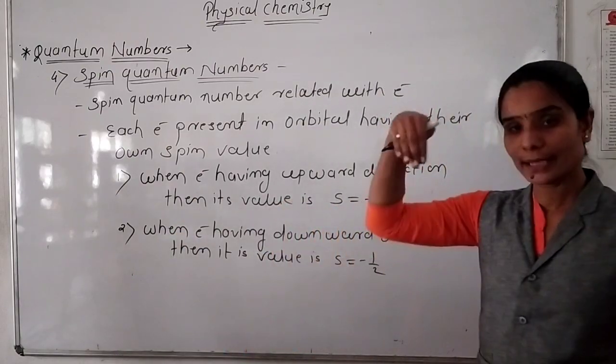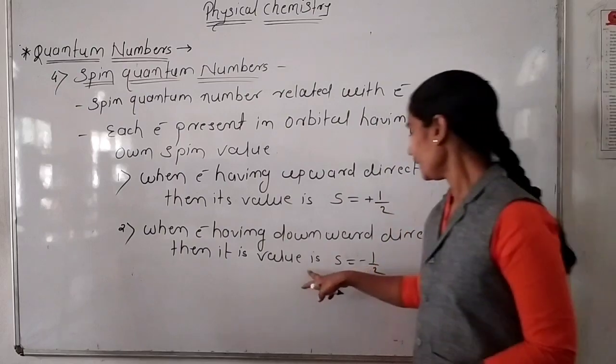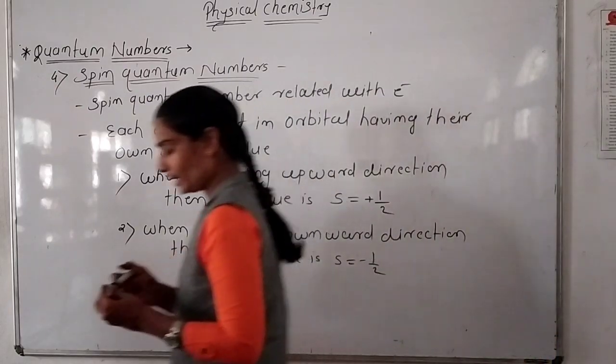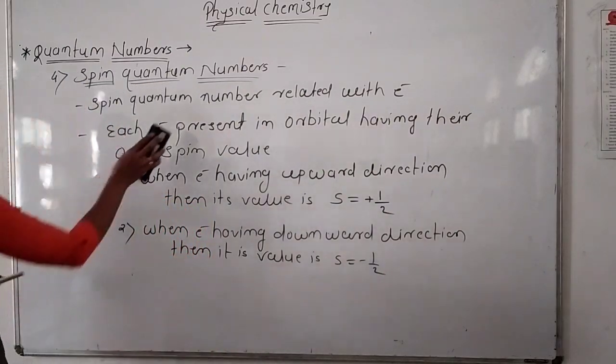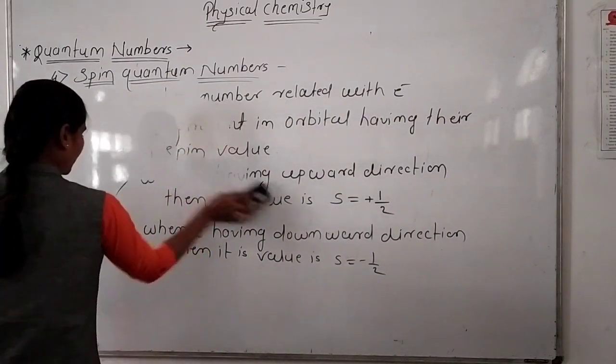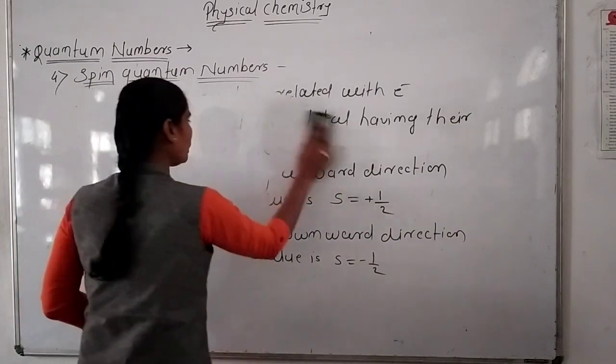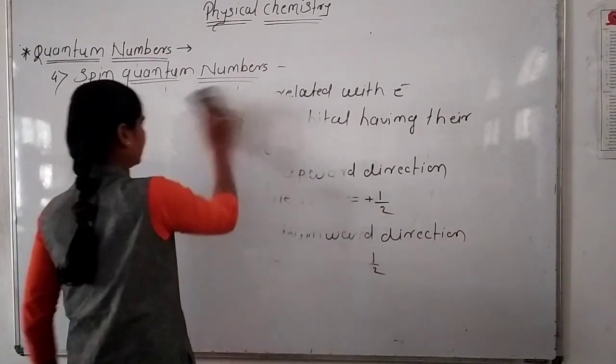When the electron is present in the downward direction, the spin value of the electron is minus half. Now see the example. Then you will get a clear understanding of how the spin value of an electron works.